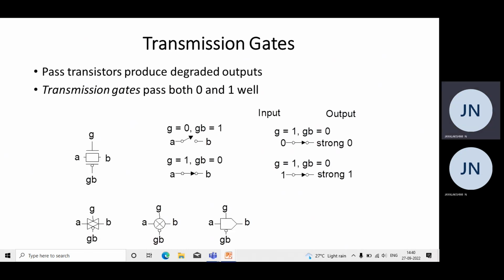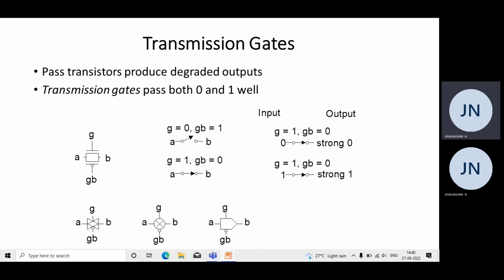Similarly, we are also going to discuss transmission gates. Here the pass transistors produce degraded outputs. Even so, transmission gates pass both 0 as well as 1.